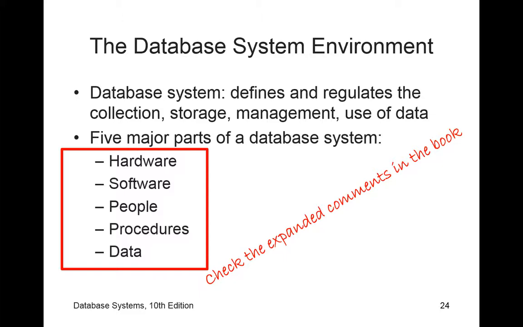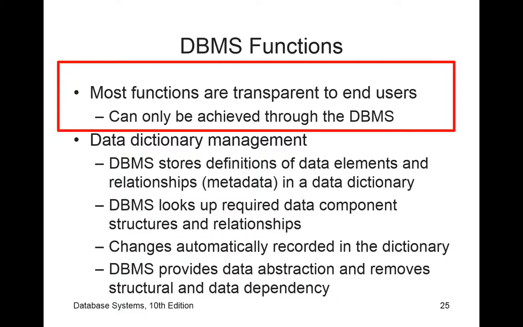And then finally, we talk about the data, the key part of the system. And again, you'll hear throughout the book they talk about data integrity. We've got to have data integrity, or anything that we do with a database is worthless. Garbage in, garbage out.